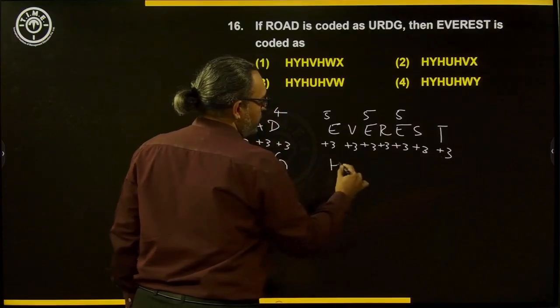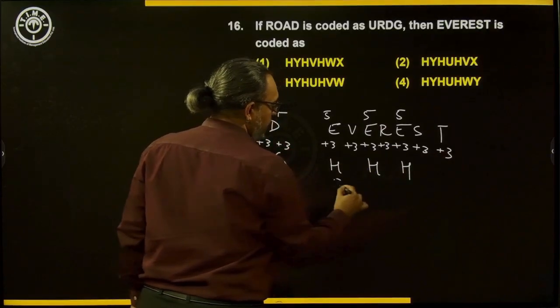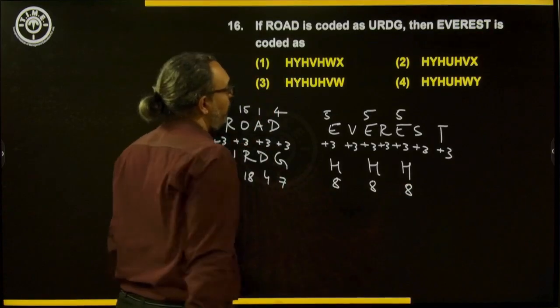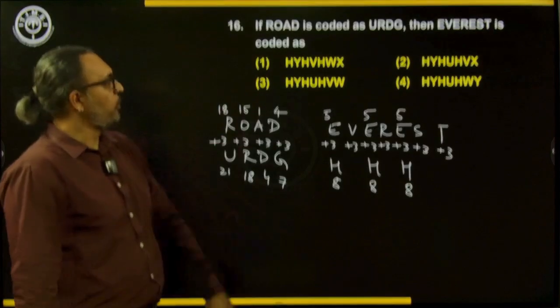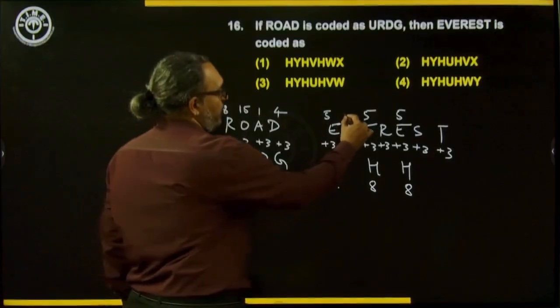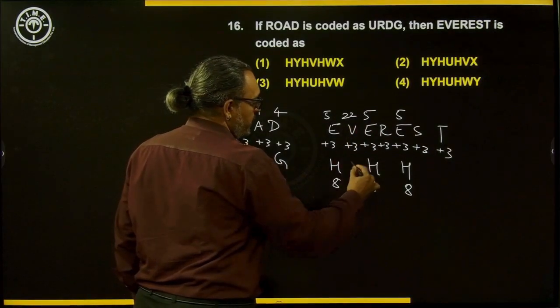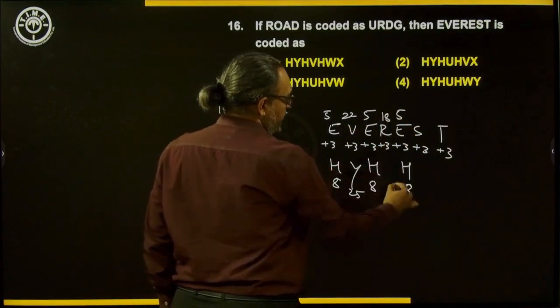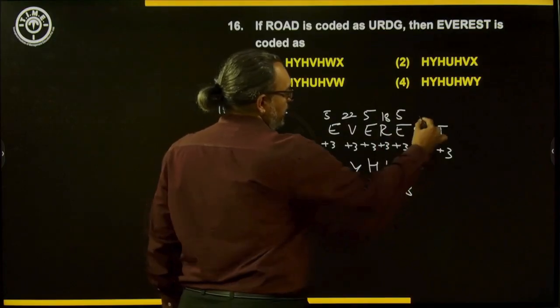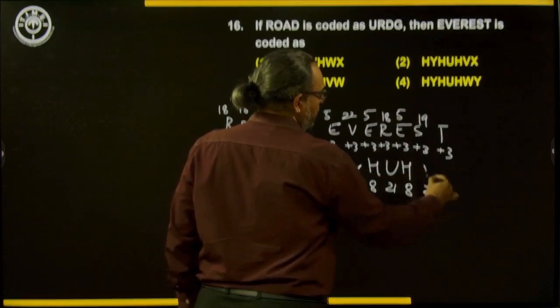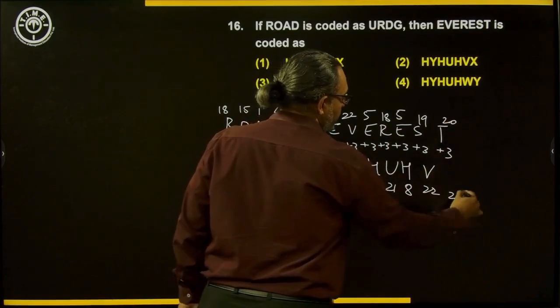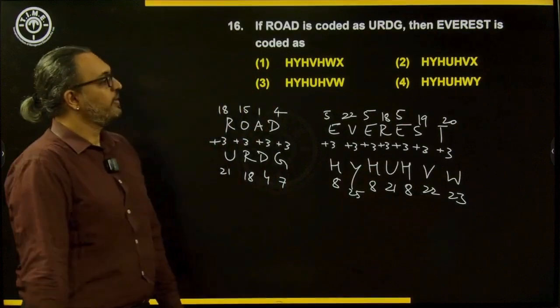So you have H, H, and H. 8, 8, 8. 1, 3, and 5 are H, H, and H. So you do have them in all options. Then 22 plus 3 is 25, so that's a Y. Then 18 plus 3 is 21, that's a U. 19 plus 3, 22, that's a V. And 20 plus 3, 23, that's a W. Correct?